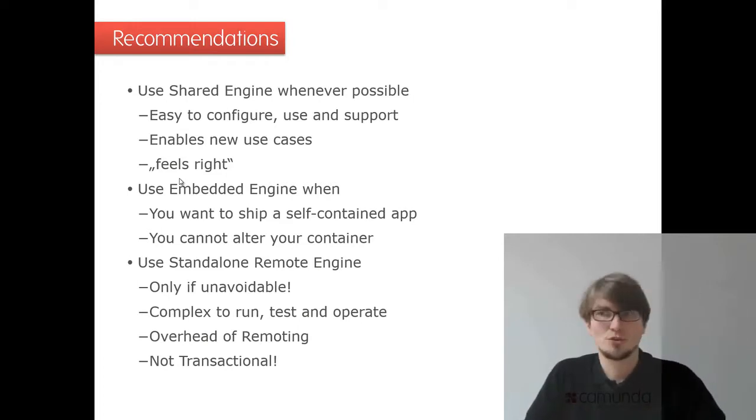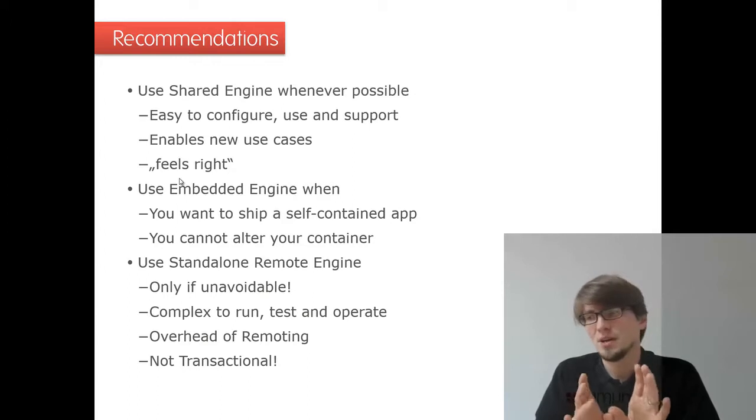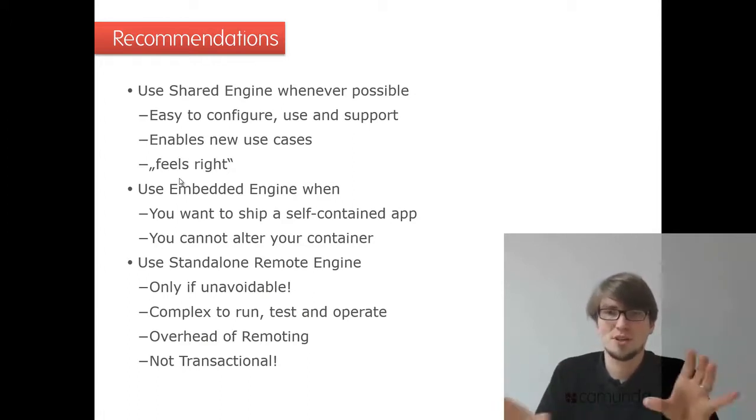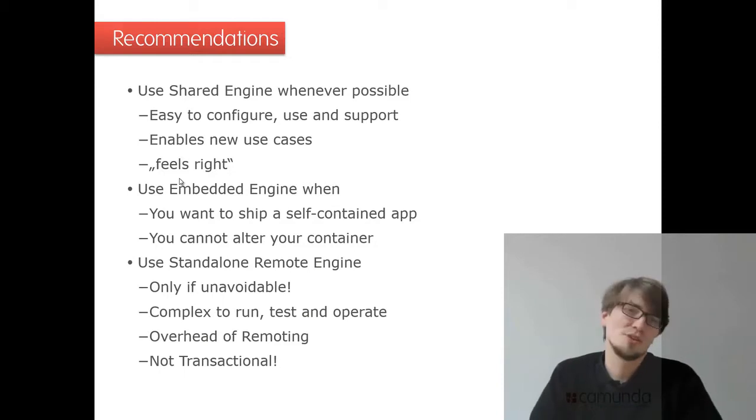You're not allowed to do any shared libs or any other deployment, any modules. Then you cannot use the shared process engine. There's maybe a third, but not so common use case. Sometimes you want to have different deployments on the same container using different versions of the engine. Then you should use the embedded engine as well. But I normally would not recommend to do that.